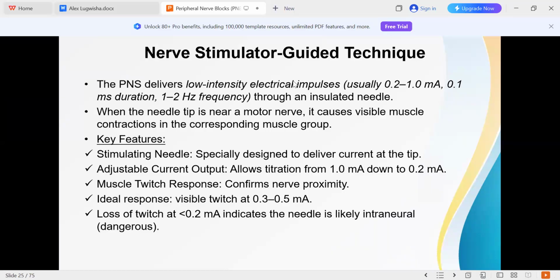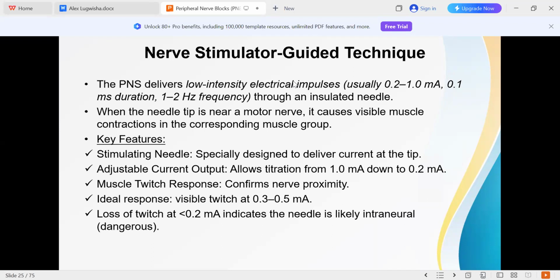Nerve stimulator guided. The peripheral nerve stimulator is useful, especially in areas where you don't have ultrasound. And sometimes, I prefer to use both. When I was still very active in theater, I liked to use both to increase specificity and safety.